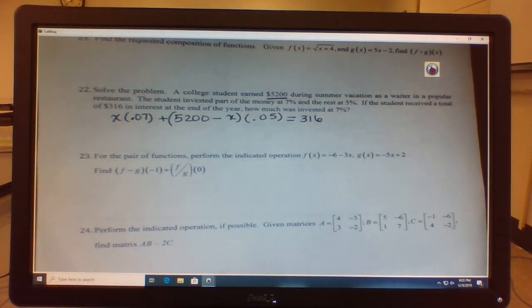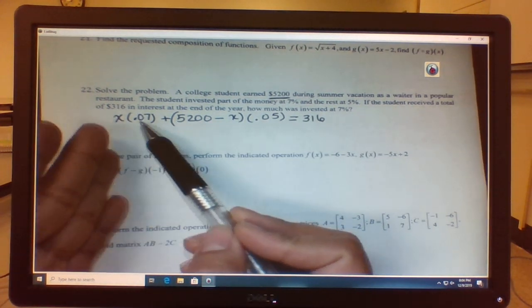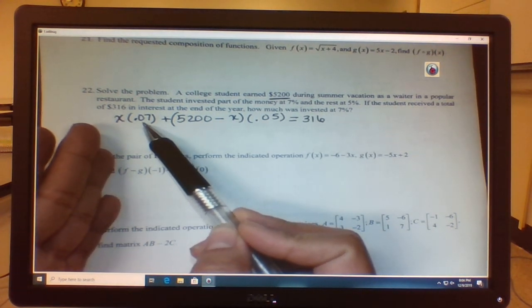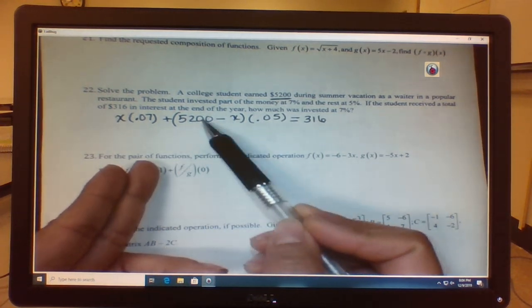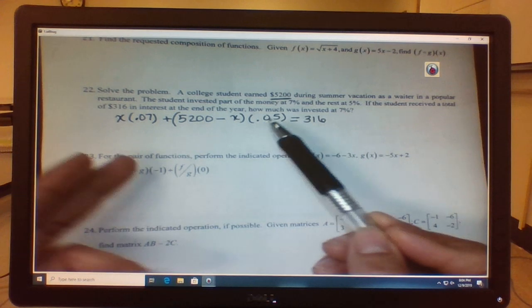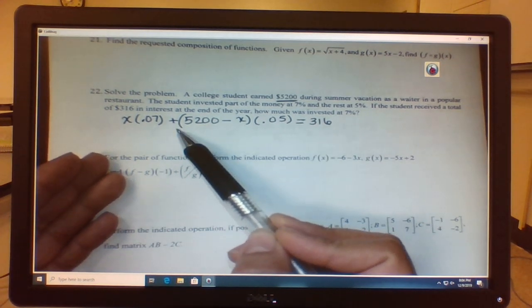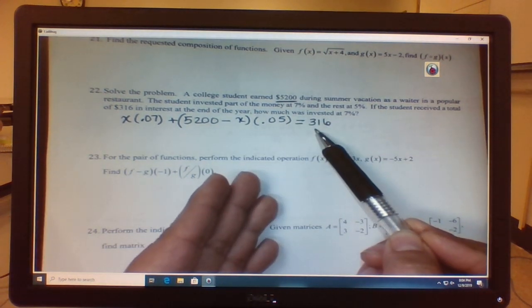On your test, it's going to be exactly the same thing, just different numbers for percents, different amount of money you have, but the process is the same. But my question is, does it make sense to you? I'm investing X at 7%. I need the rest, so I need to subtract it from the total, and this gets invested at the other percent. Together, this is why I'm adding them, it should equal that.